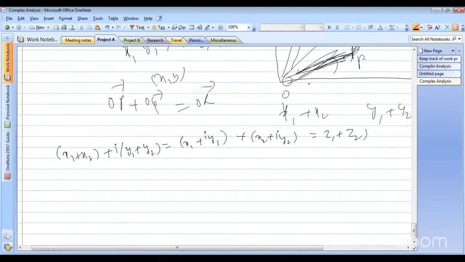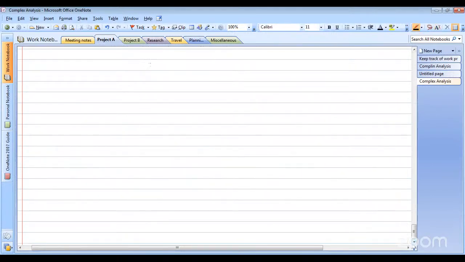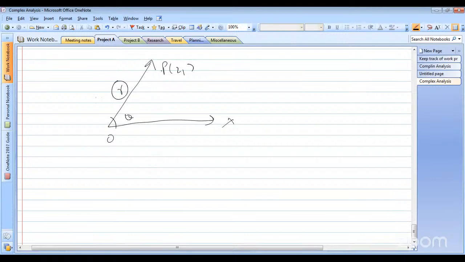Another diagram is taken here, with theta and Z1 on the x-axis. Most naturally we associate with Z1 the polar coordinates R and theta, where R is the distance OP and theta is the angle XOP.